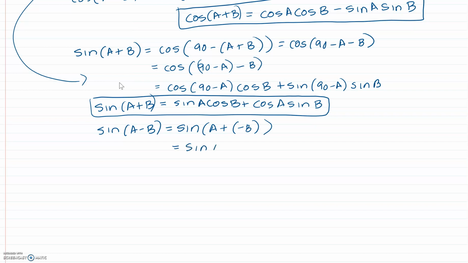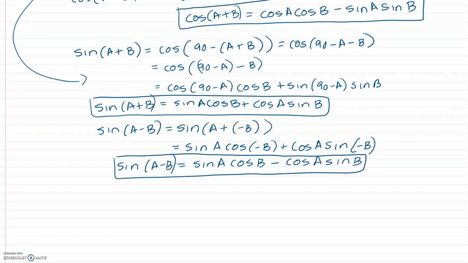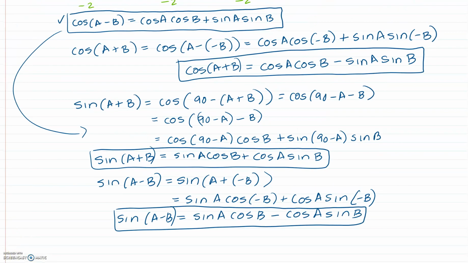This would be sine of the first one, cosine of the second, plus cosine of the first times sine of the second. And we know that cosine is even, so it stays the same. It stays cosine. We know sine is odd, so it changes sign there. So there it is. Let's check that out.